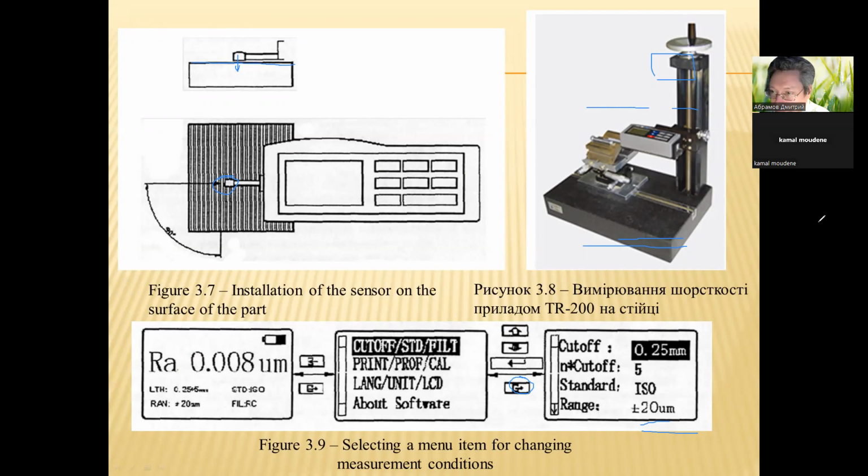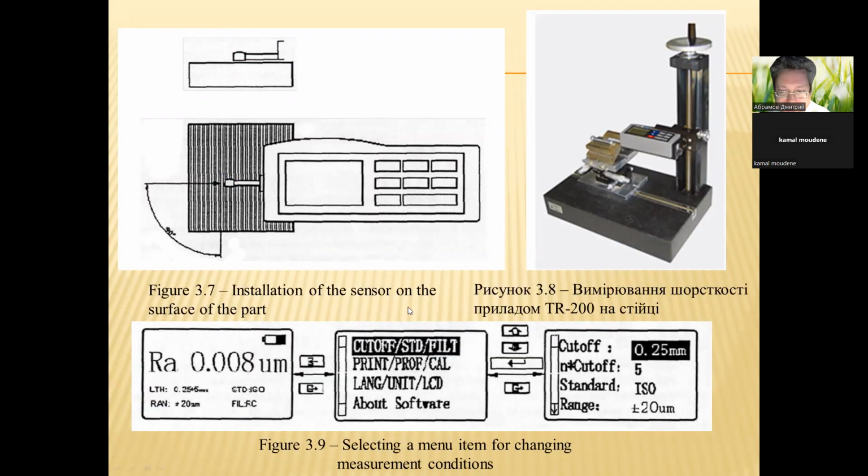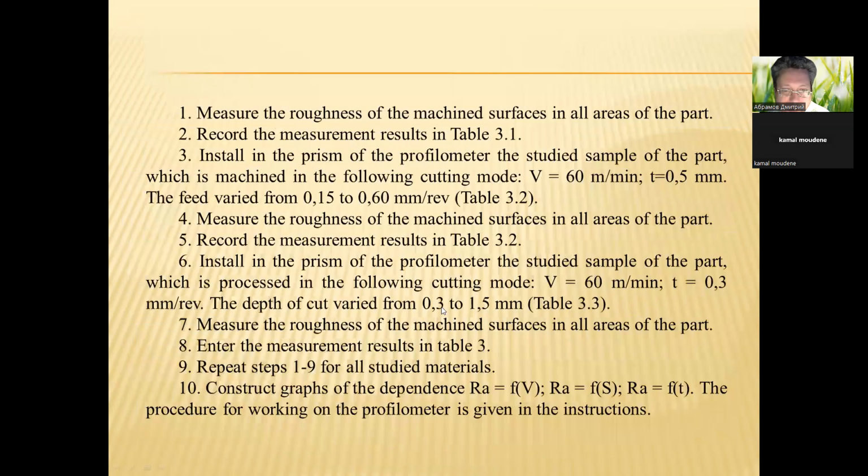So, after changing the measurement conditions, we can start to measure the roughness of the machined surface in all areas of the part. So what must we do?